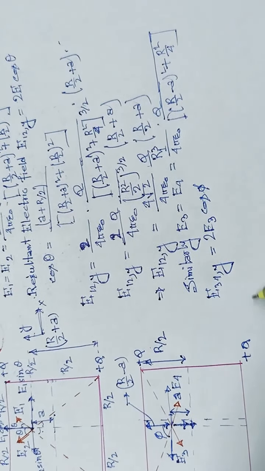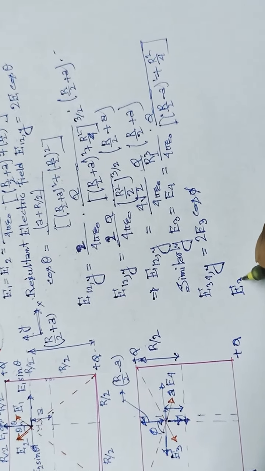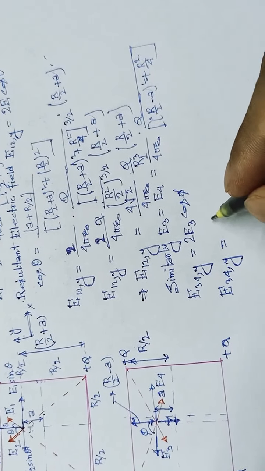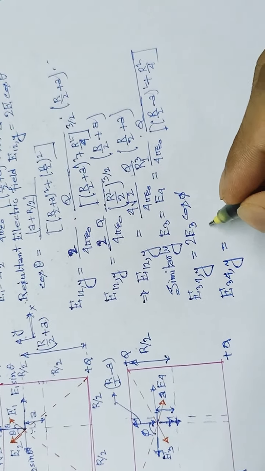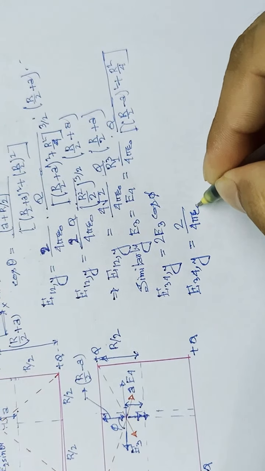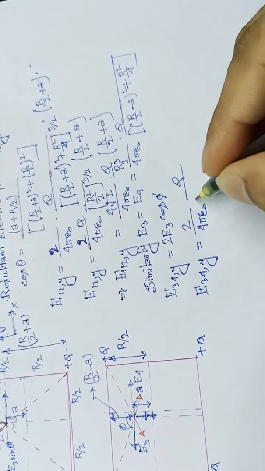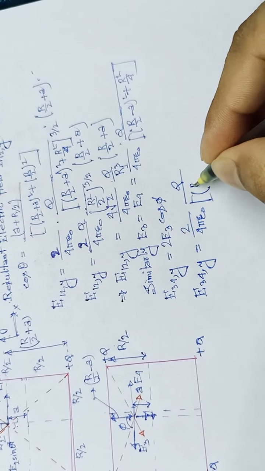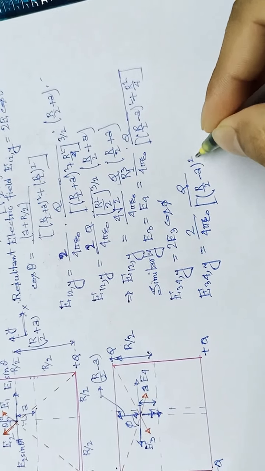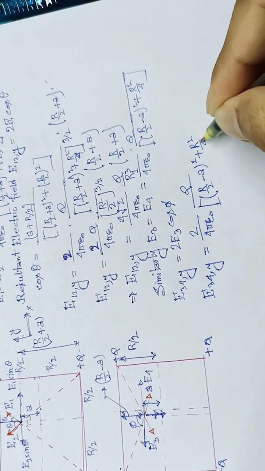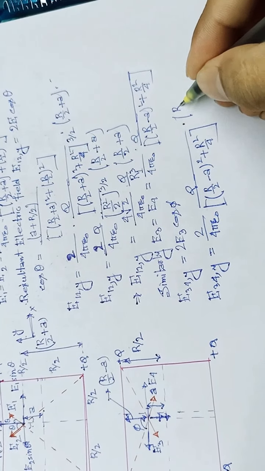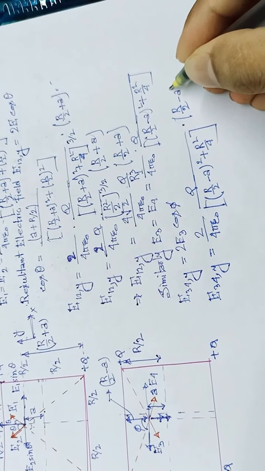So the value of E34Y will be equal to 2 divided by 4 pi epsilon naught multiplied by Q divided by R divided by 2 minus A square plus R square divided by 4, and again it is multiplied by R divided by 2 minus A.